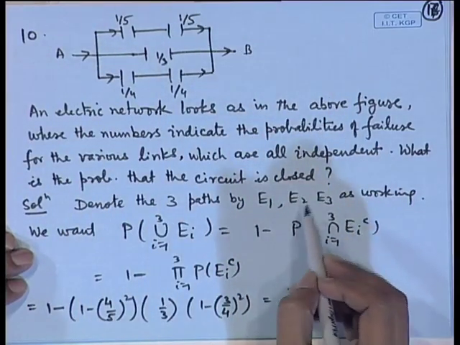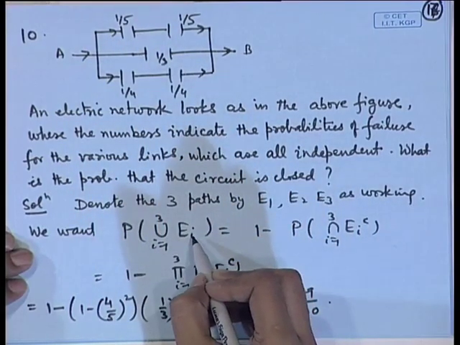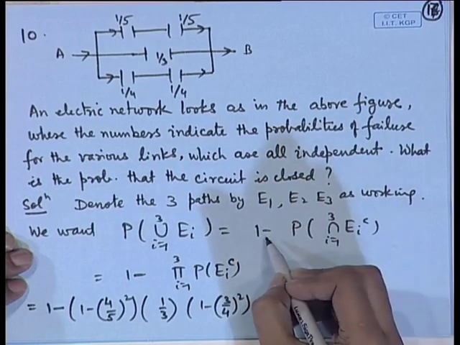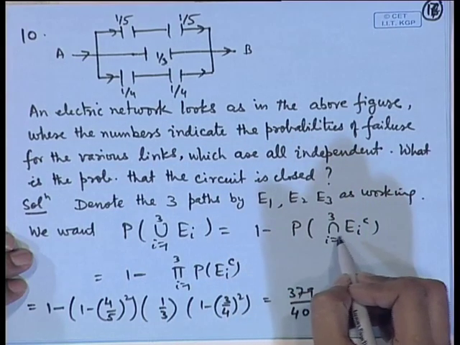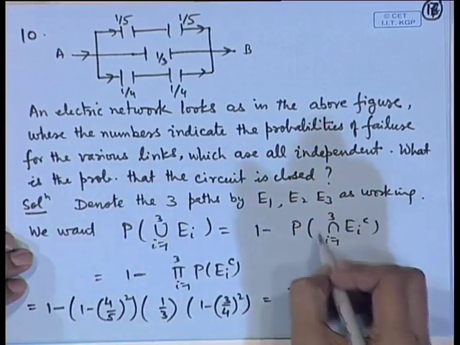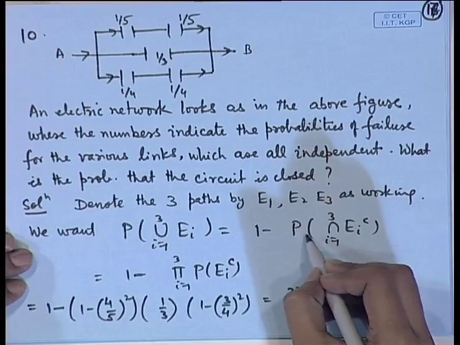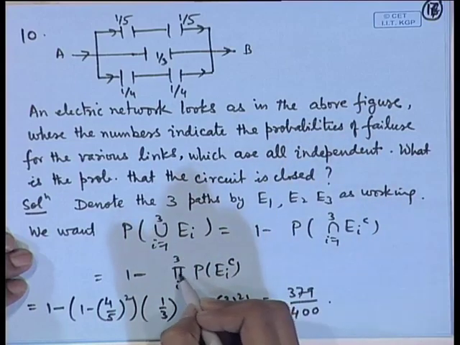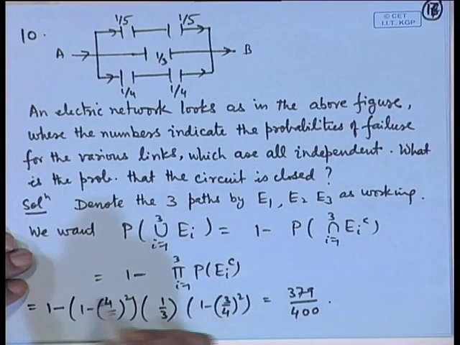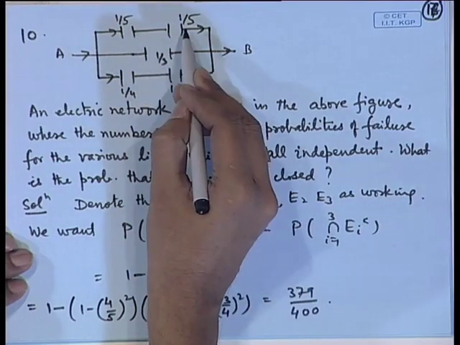If we denote the 3 paths by E1, E2, E3, then it is probability of union of Ei, which is equal to 1 minus probability of intersection of Ei complement. Now, here each path is working independently, therefore the probability of the intersection becomes the product of the probabilities. Now, here it is 1 minus the probability of E1 complement. E1 complement means that this circuit is not working.